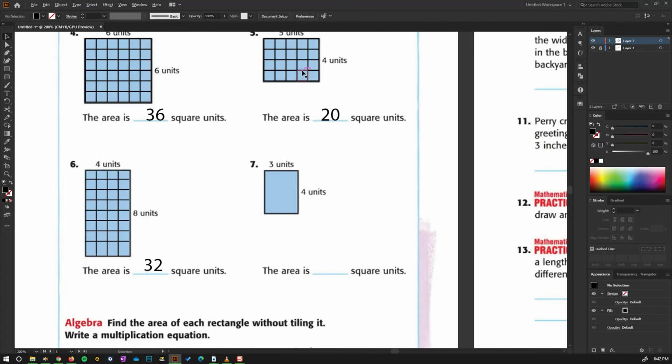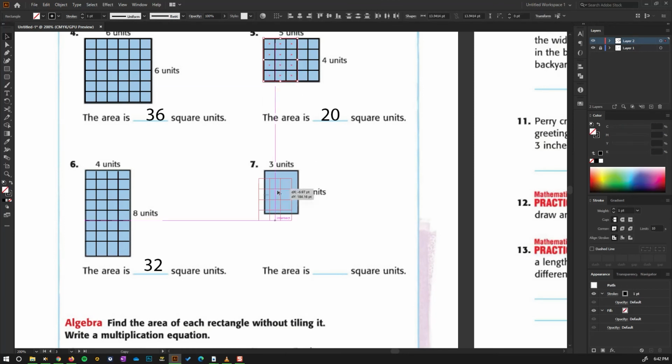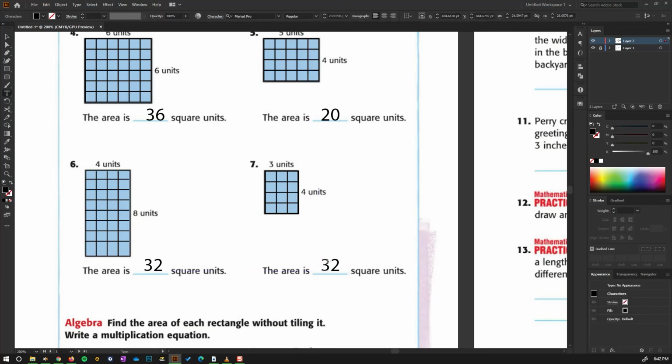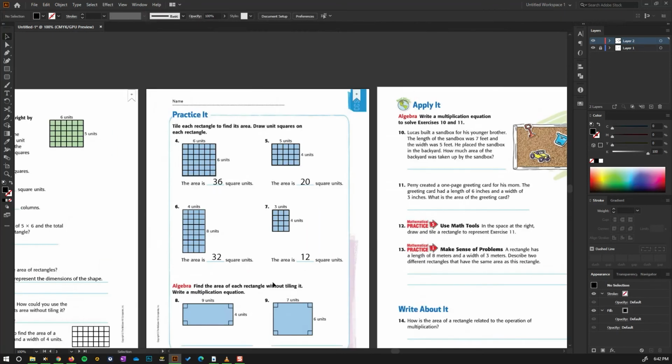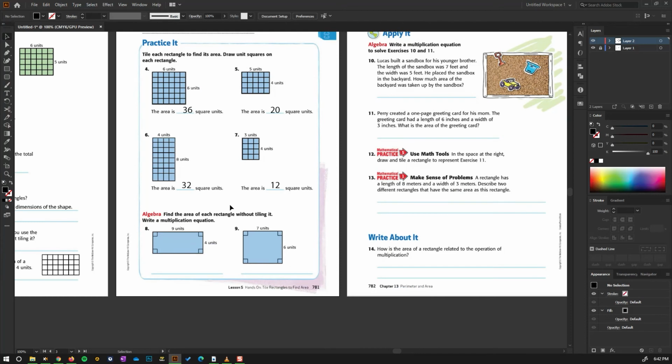And this one is simply 3 times 4, which gives us 12 square units.